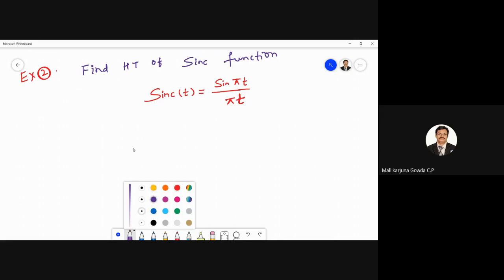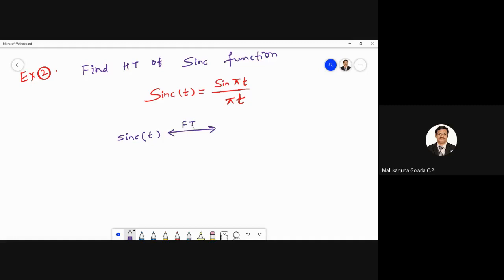As I said, the sinc function, sinc of t, its Fourier transform will be a rectangular function, RECT of f.